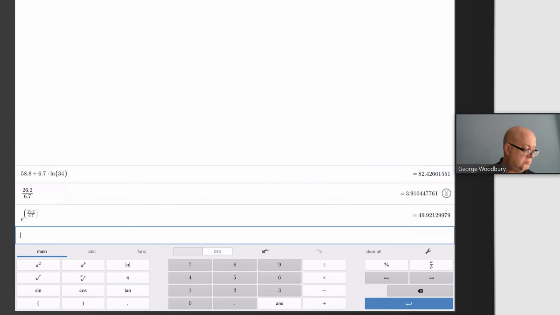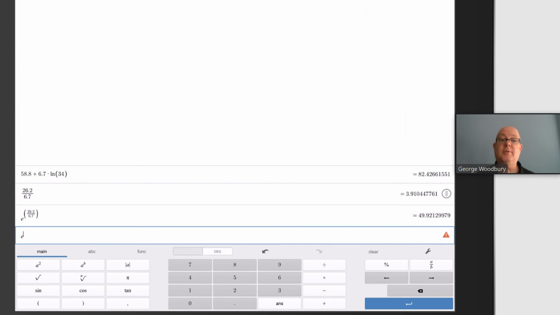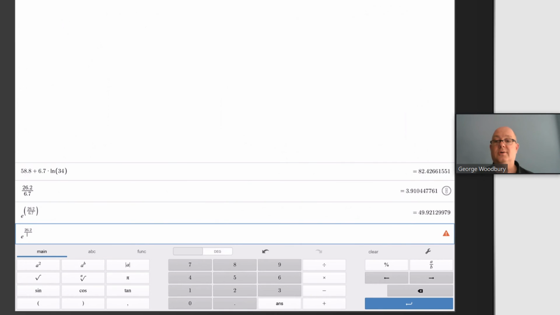I'm going to come back and show you now. So the 49.9 is right. But if I didn't use the parentheses, I might make a mistake and not even see it happen. Function e to the x, and I'm not going to use the parentheses. I type in 26.2, and when I push divide by 6.7, oh, it worked.